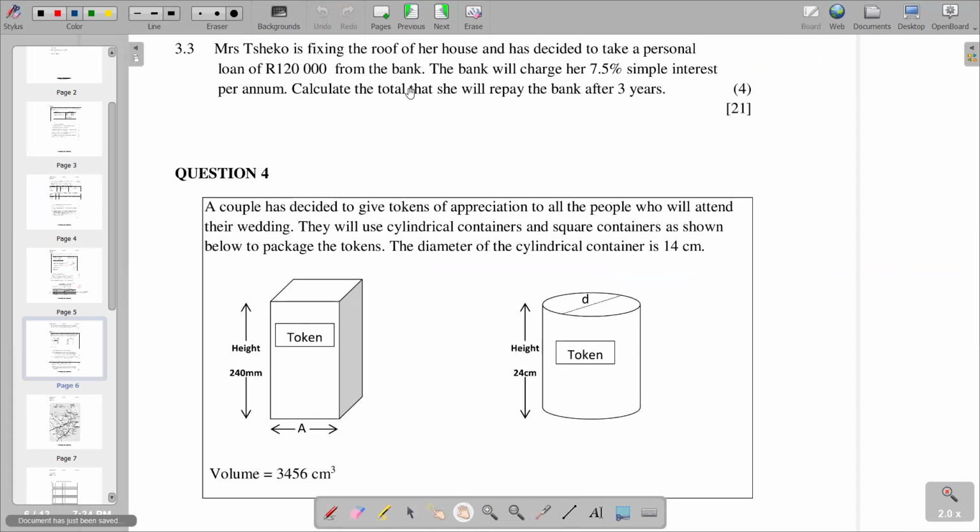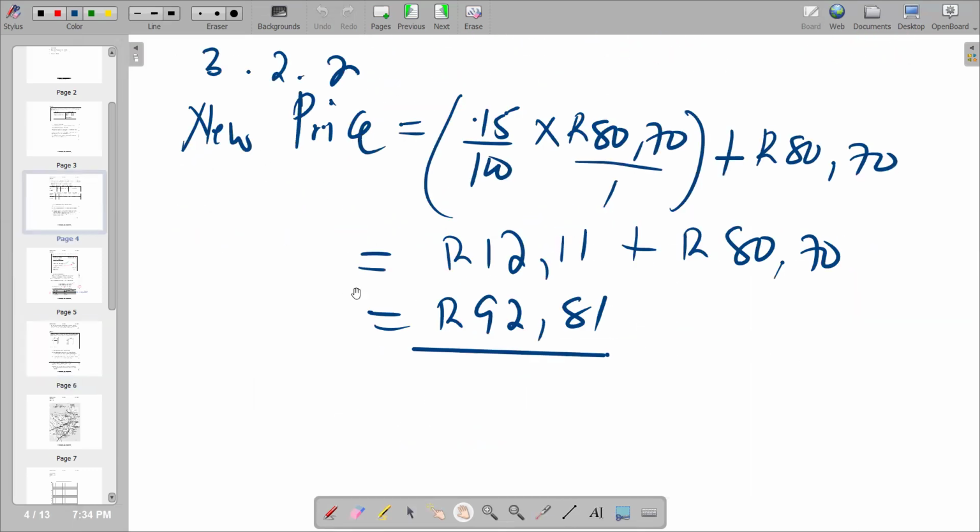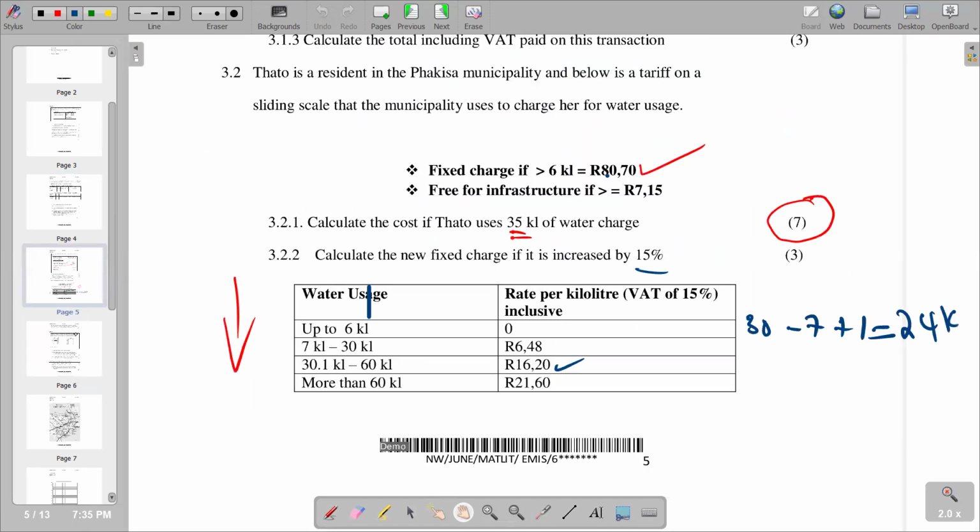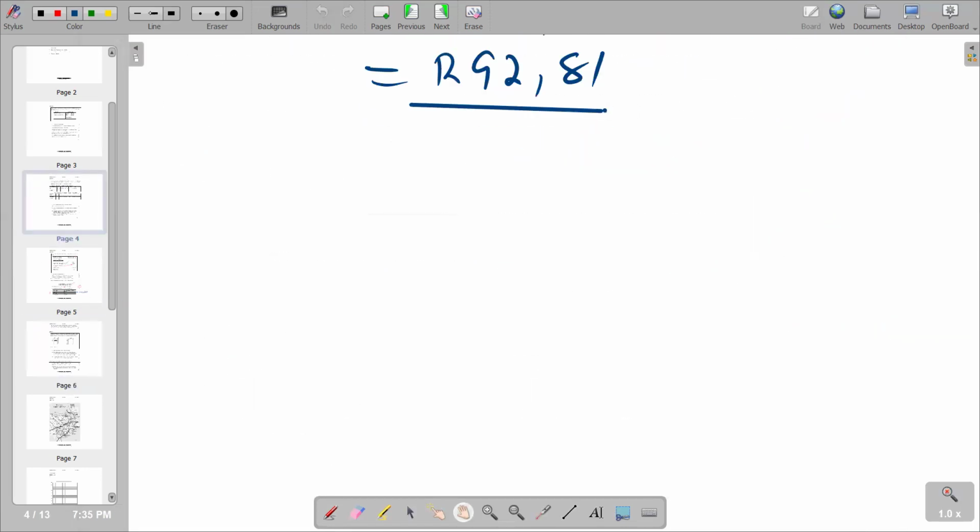So simple interest, remember, it doesn't change. It's different from compound. So we are saying 7.5% times 120,000 is how we are going to calculate it. Remember, this is our 3.3.